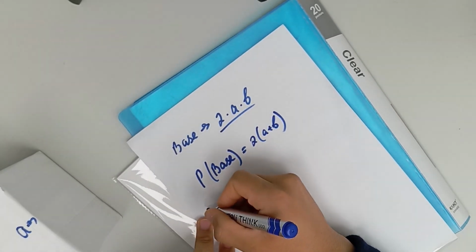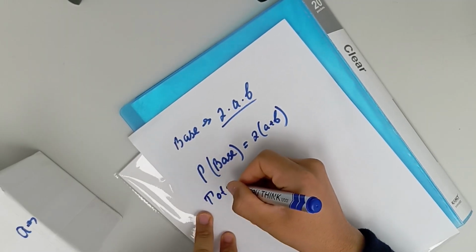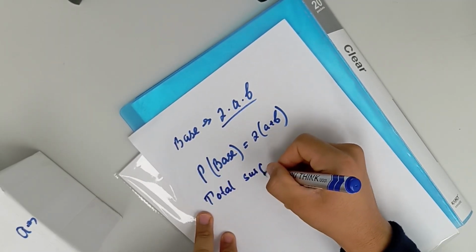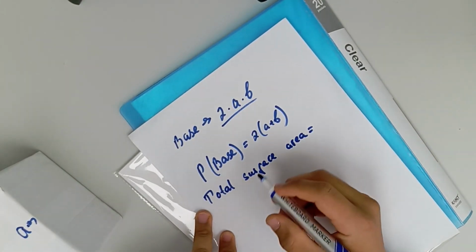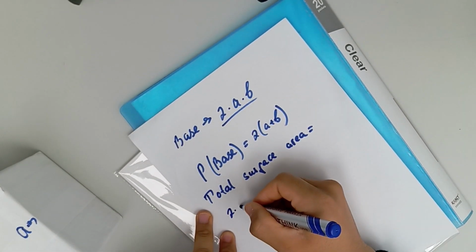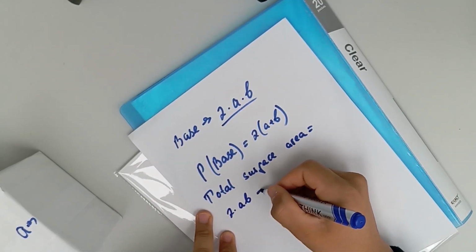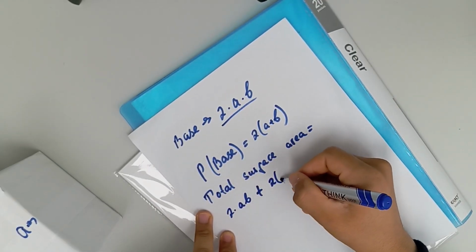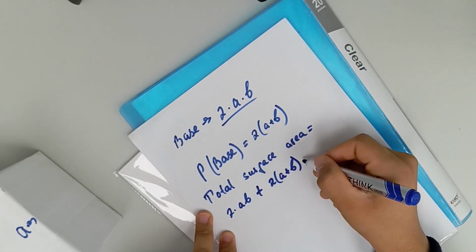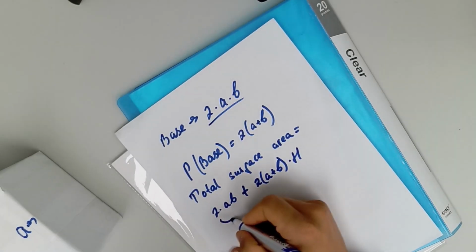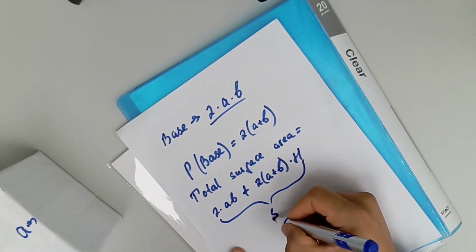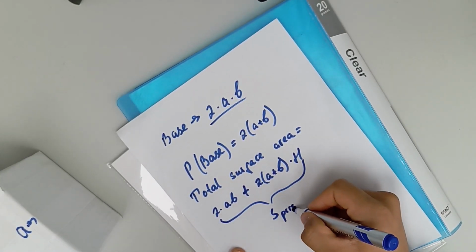The total surface area will be 2 times ab plus 2 times (a plus b) multiplied by h. Okay, that's the surface area of the prism.